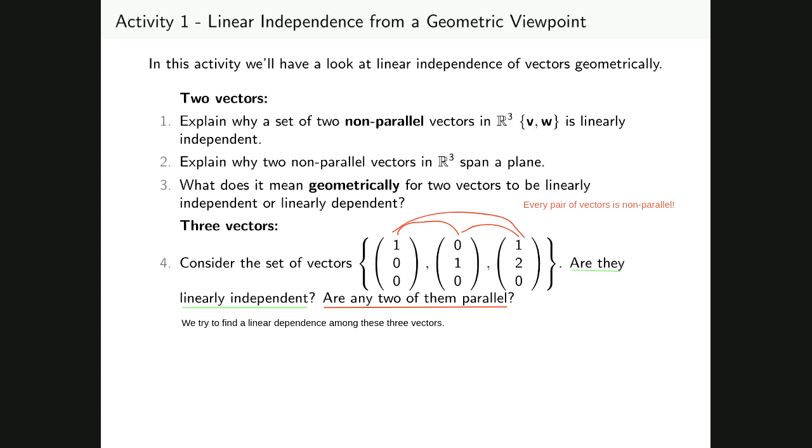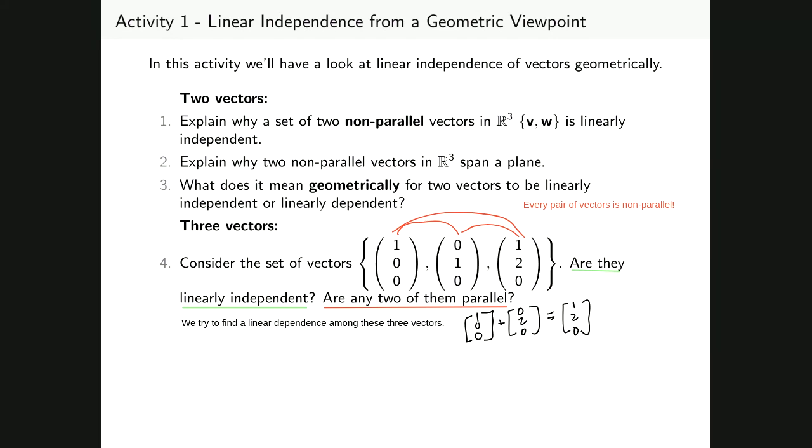We notice that if we take our second vector and add that, we get the following thing.